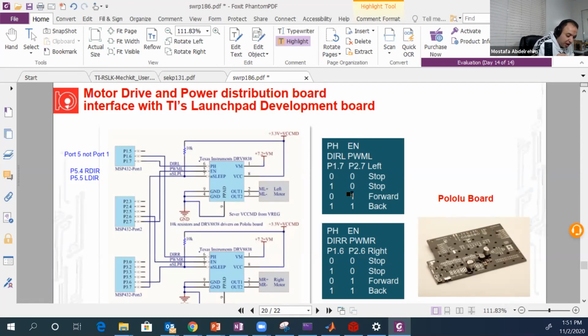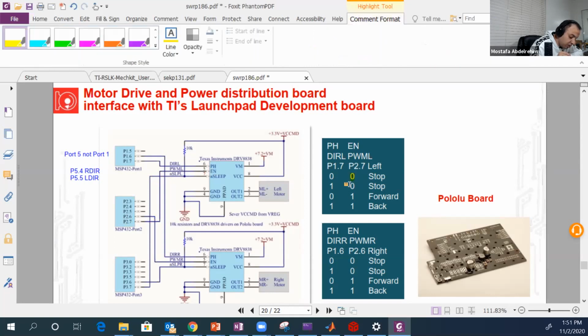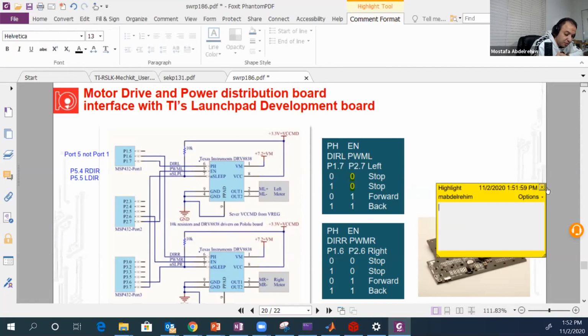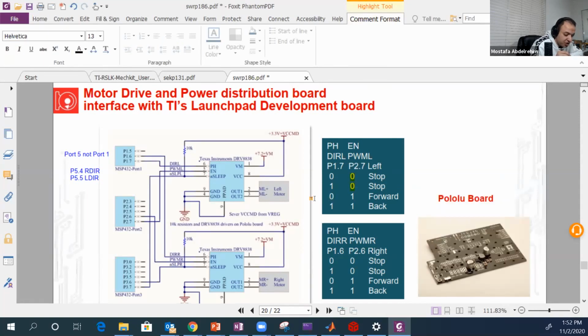So if you have 0 on pin 5.5, and for the enable, which is pin 2.7, if you have 0 on the enable, this means the lowest speed or the minimum speed, which is 0, so it will not run. So it's like a stop.